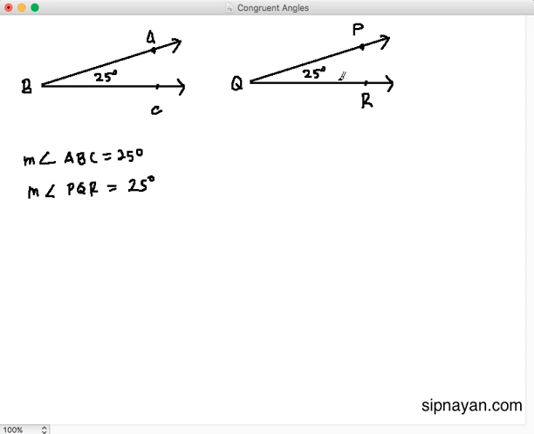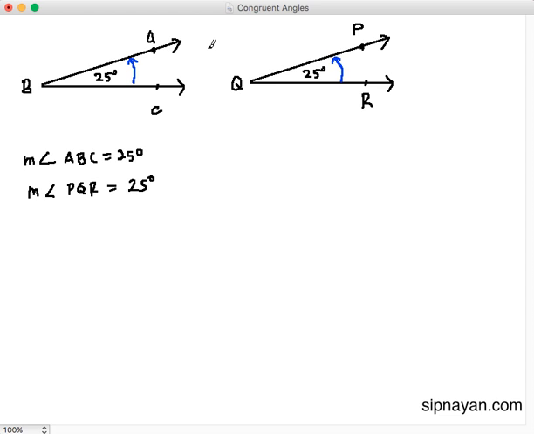So hindi yan sa haba ng ano. This angle kahit putulin ko yan, this is also 25 degrees. Kahit habaan ko to dito, yung nandito is also 25 degrees, because we are measuring the rotation or the opening nung rays, no?